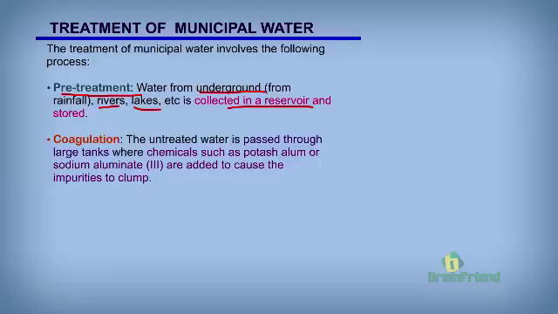Then after this, we go through the normal process of coagulation, sedimentation, filtration, and disinfection. So we have coagulation here. The untreated water is passed through large tanks where chemicals such as potash alum or sodium aluminate are added to cause the impurities to clump together.